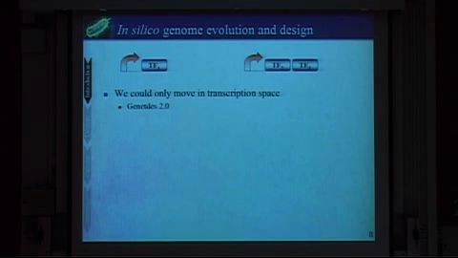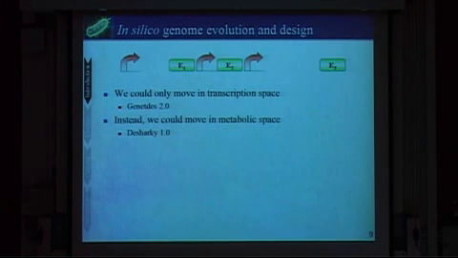Okay. At the beginning we can simply do an analysis of how we evolve genomes using only transcription factors. We published that in our GeneT 2.0 software, which is freely available and open source. Then we'll move to the metabolic space, where we have only enzymes.